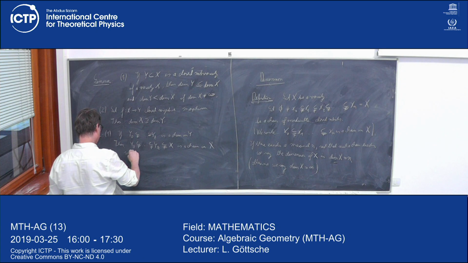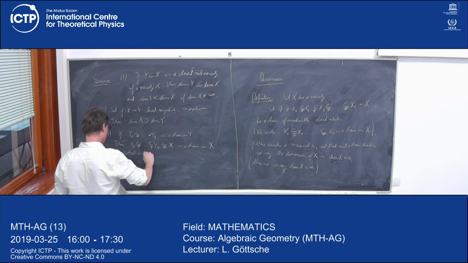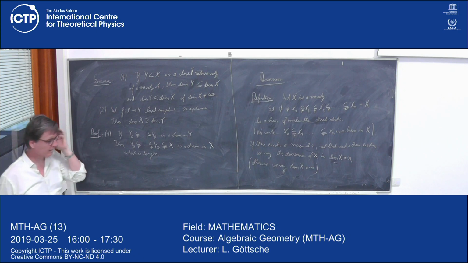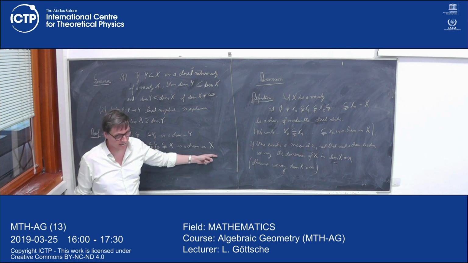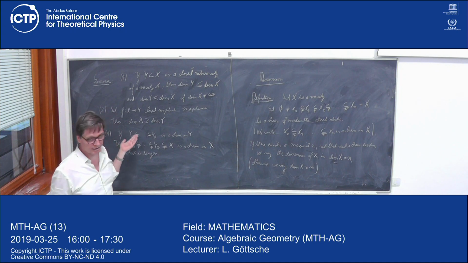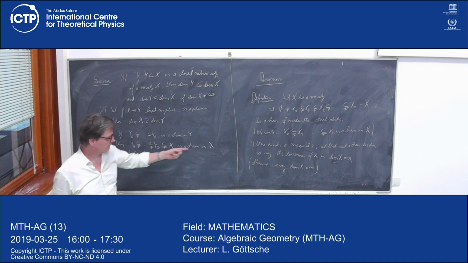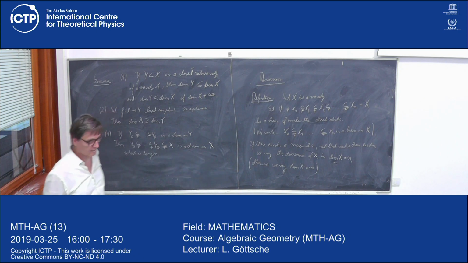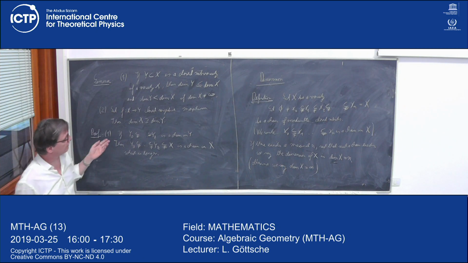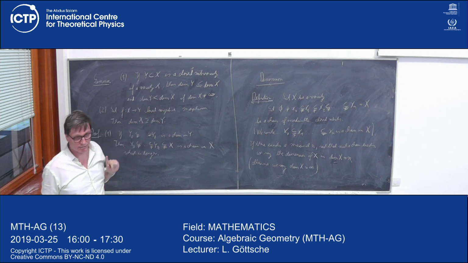So for every chain in y, I can find a longer chain in x. So this will show that if there is a maximal chain in y, then the dimension of x is bigger than that of y.